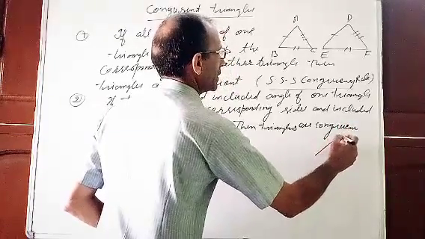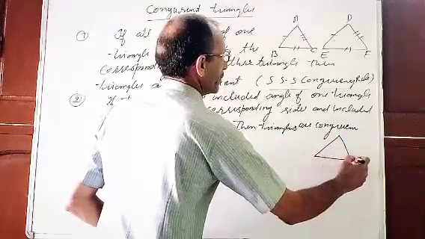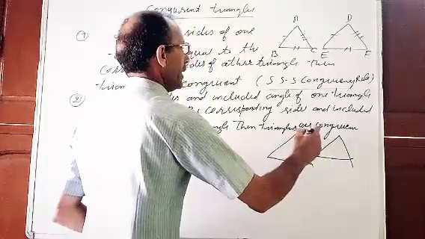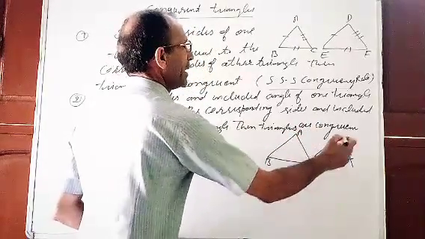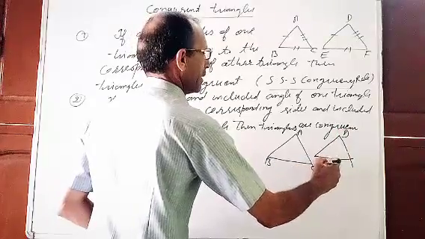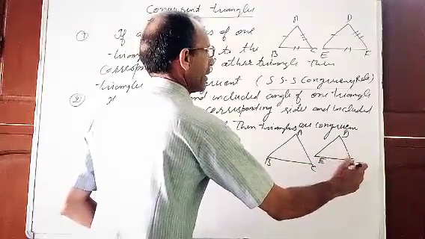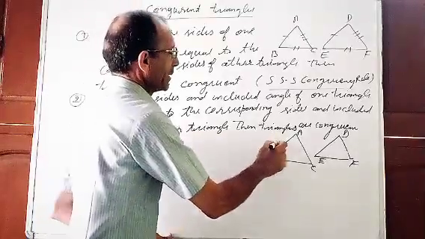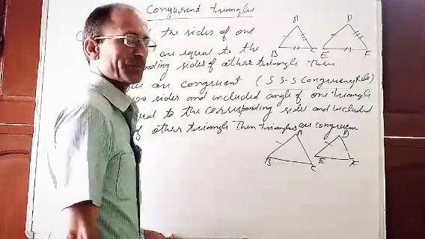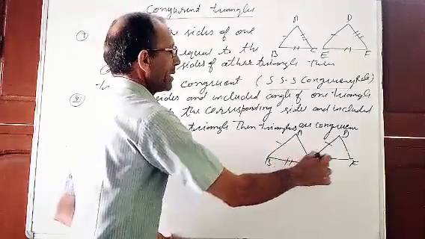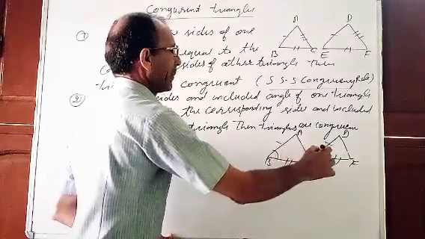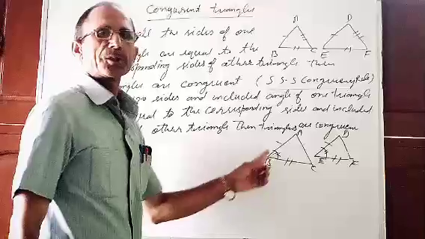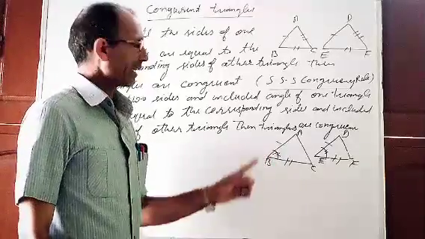So these are two triangles, A, B, C and D, E, F. This side is equal to this one, this side is equal to this one, and angle B is equal to angle E. So we can call them congruent triangles.